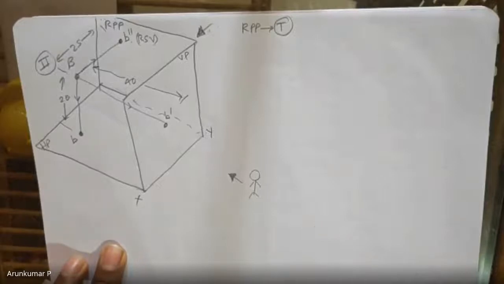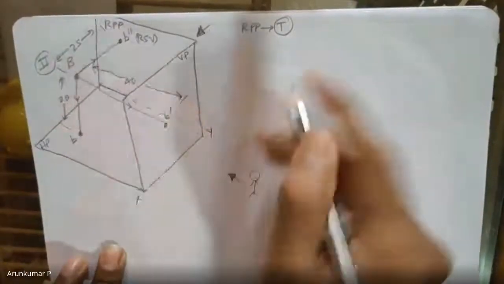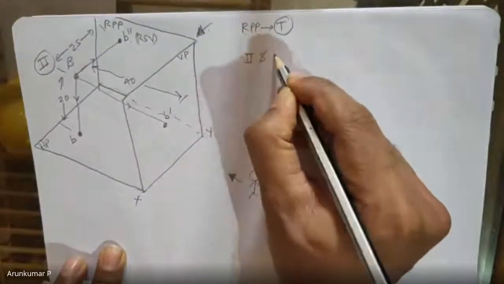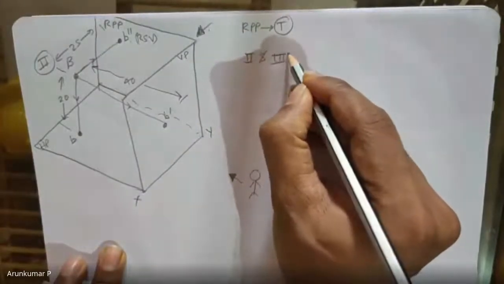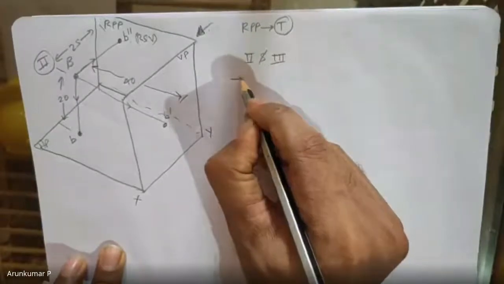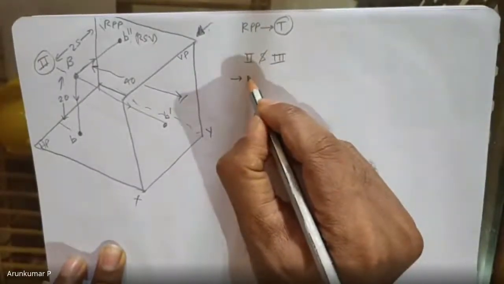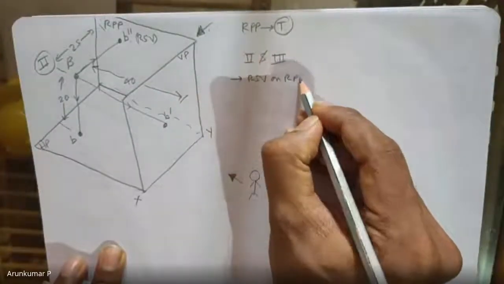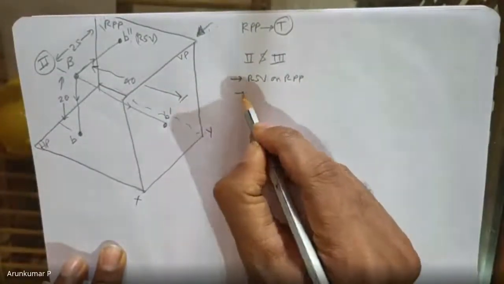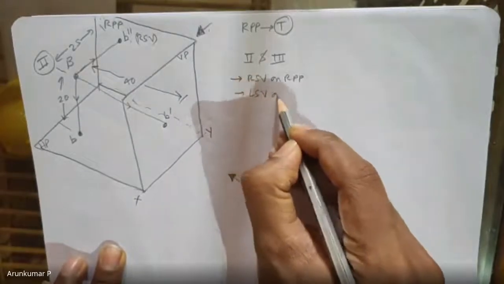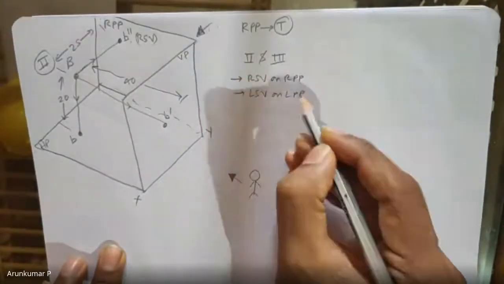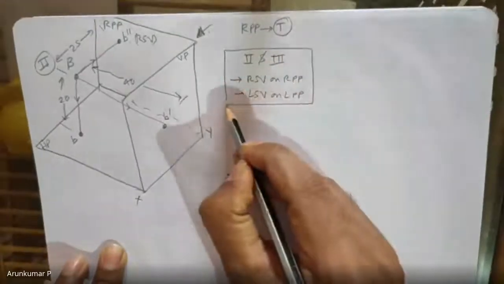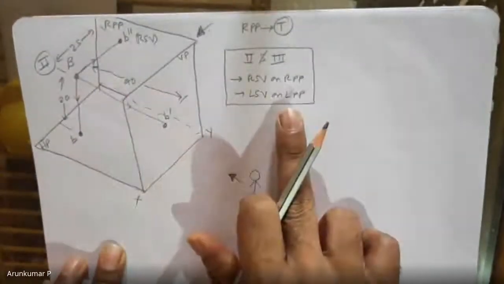This is the difference. So here in the second and the third quadrant, please note, you are going to get the right side view on the right profile plane and the left side view on the left profile plane. Please note this.